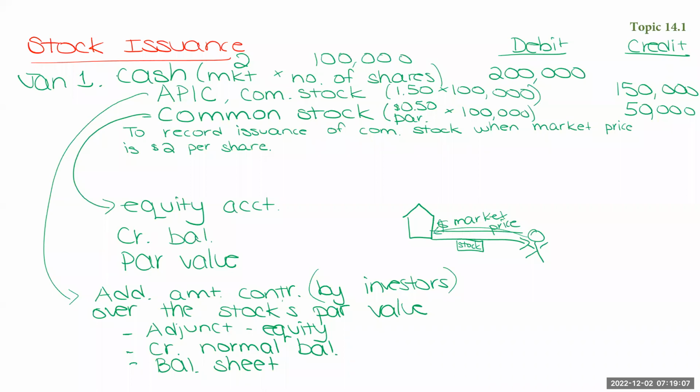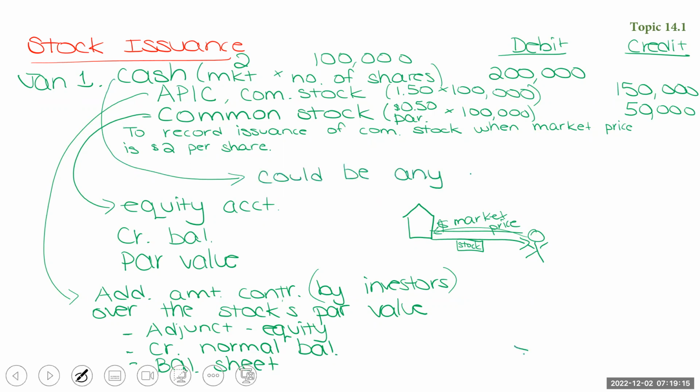I guess the only other thing I'd mention is cash. This could be any asset. You can exchange a company's common stock for any asset. It just depends on if that investor is willing to give that asset. So instead of giving cash, are they willing to give something else? A lot of your startup companies in Silicon Valley will do that.